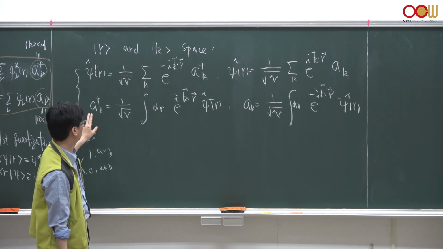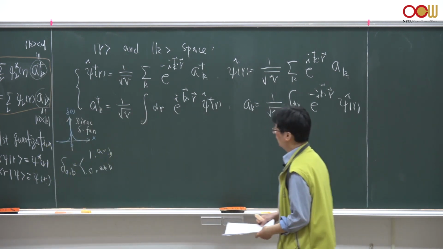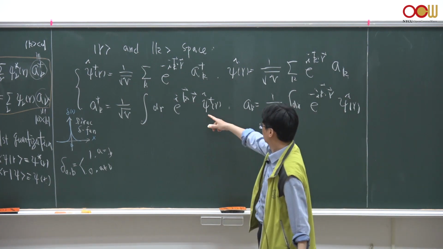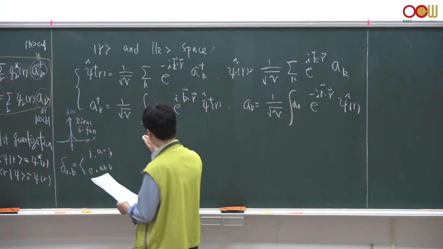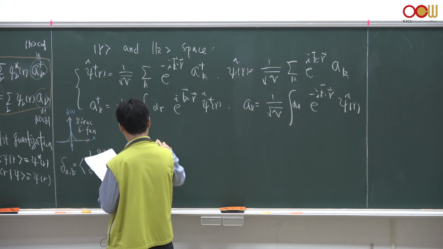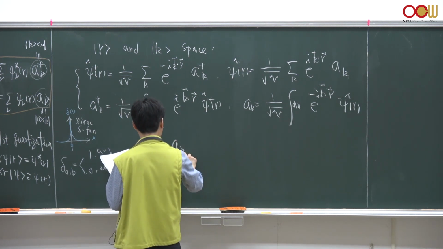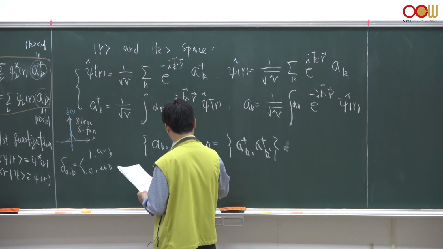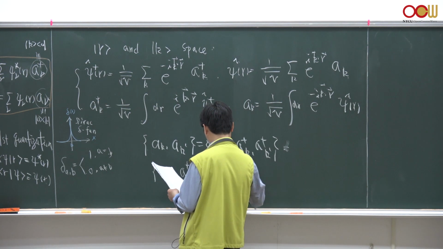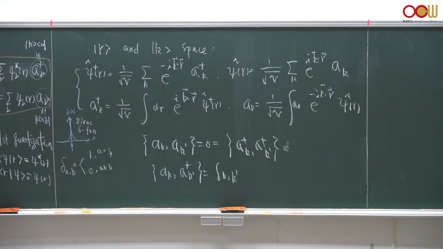So likewise, you could inverse Fourier transform this A dagger K or AK in terms of the real space operators, psi dagger and psi. And if you do so, then you could show that these anti-commutation rules are satisfied, and AK, A dagger K prime gives a Kronecker delta function. So now we could easily, straightforwardly transform our operators either in real space or in momentum space by such Fourier transformations.